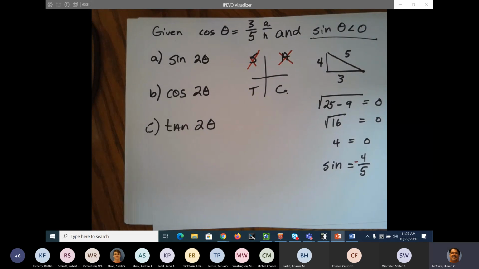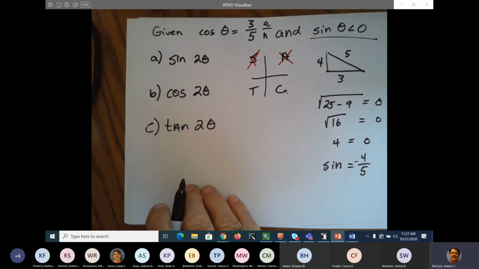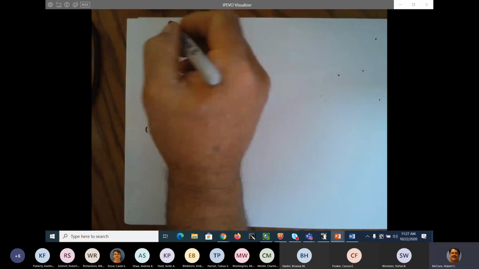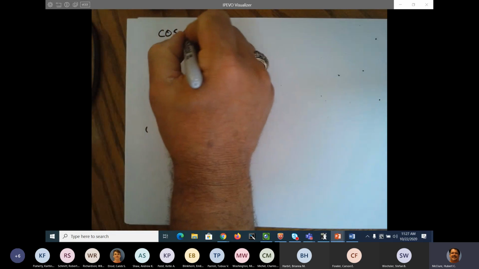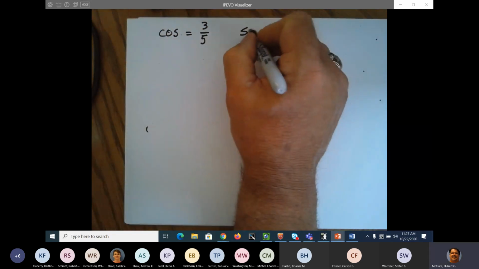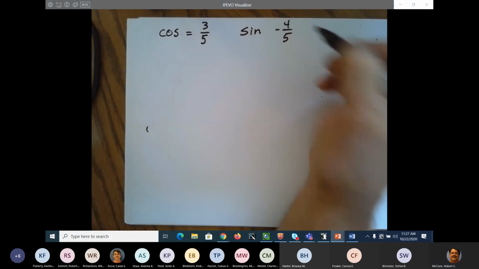And plug and chug. What is the sine of 2 theta? Sine of 2 theta, this is A. I'm going to go to the next page. I'm going to write everything down. We know that the cosine is equal to 3/5, and we know that the sine is equal to negative 4/5.